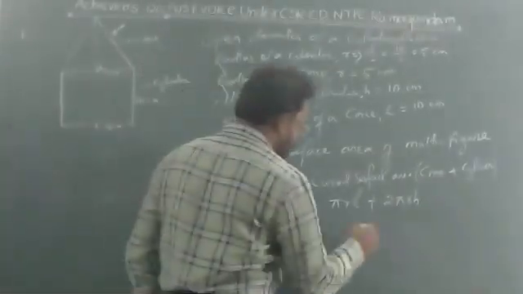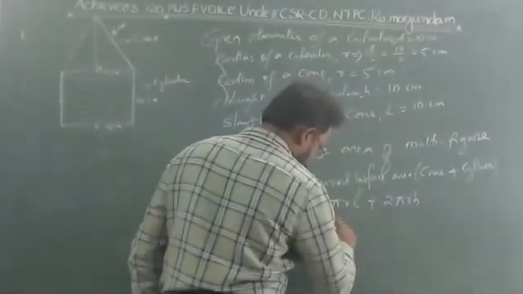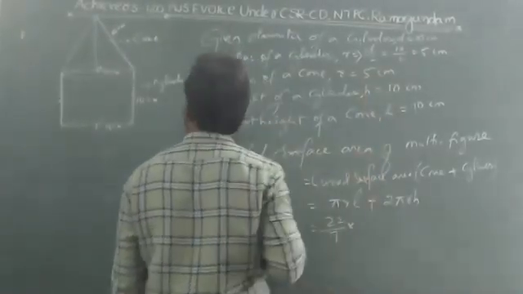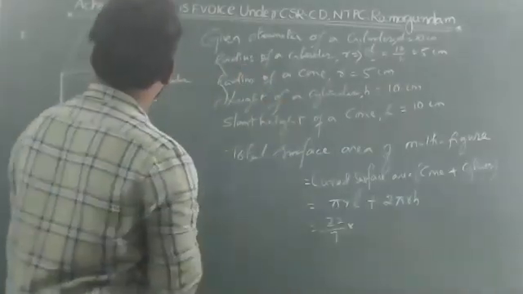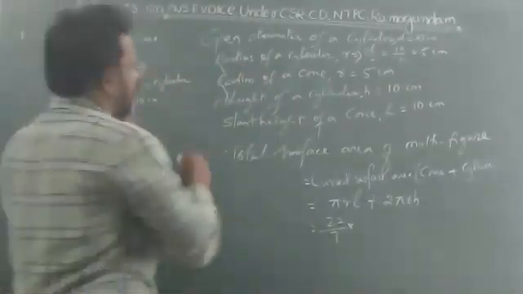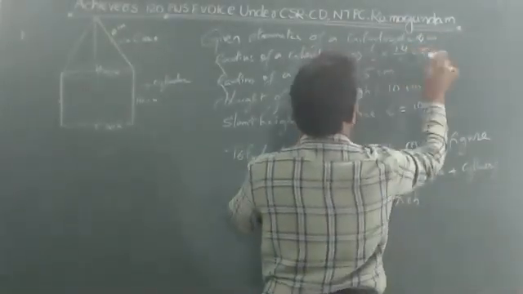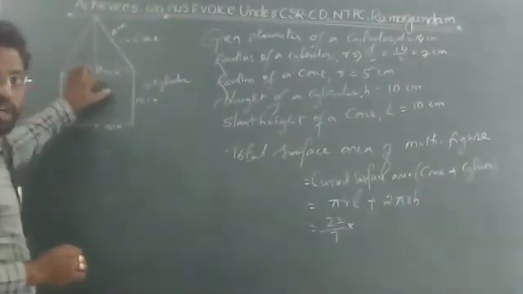Okay, pi r. Since we know the pi value, that is 22/7. R is equal to how much? Sorry, the diameter of the cylinder is 14. Sorry, here it is 14, not 10.